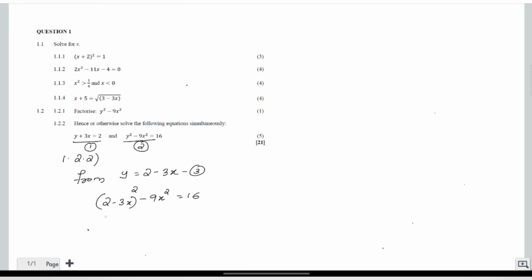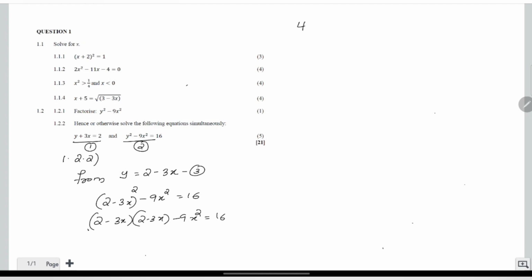find the value of the solution. So let me open this bracket. I can use a straight method or a FOIL method. Let me go with the FOIL method, because many of you are doing like that. 2 minus 3x, 2 minus 3x minus 9x square is equal to 16. Isn't it? Okay, so 2 times 2 is 4.